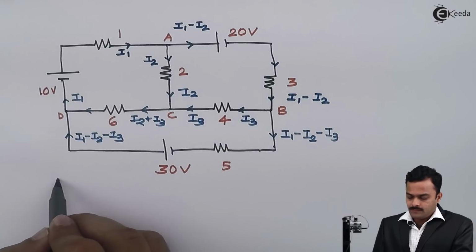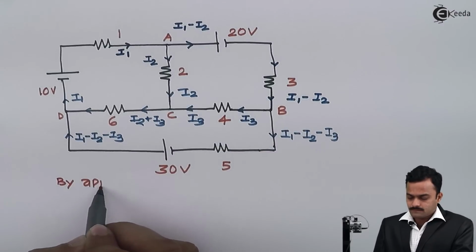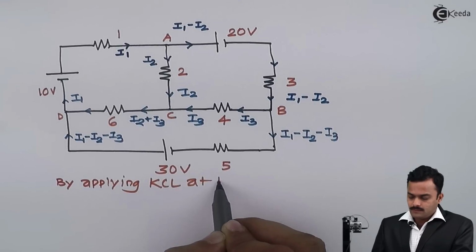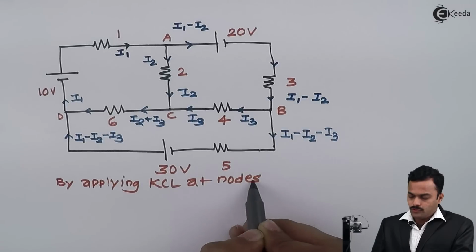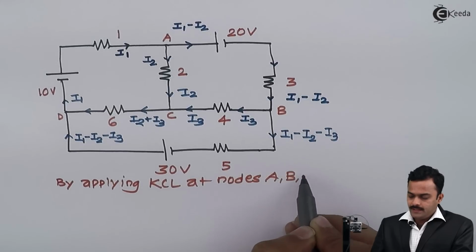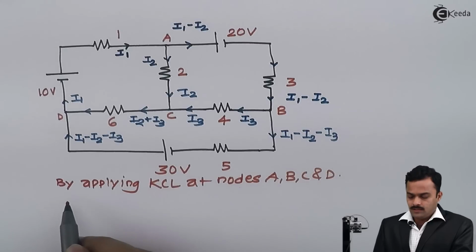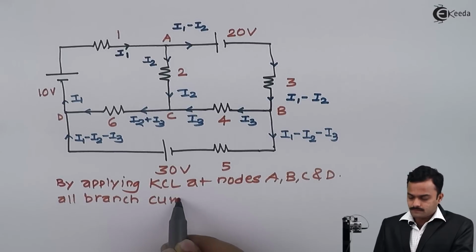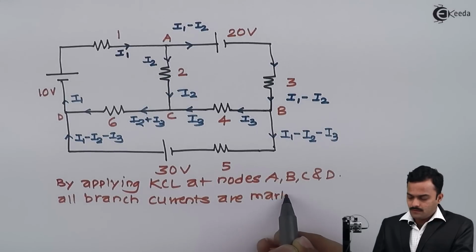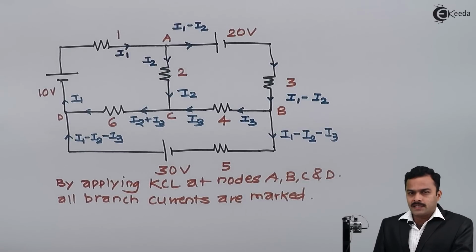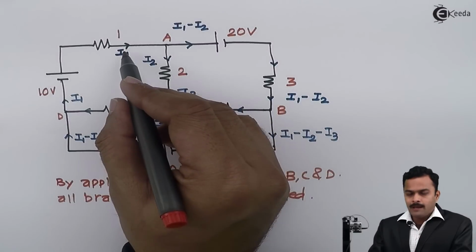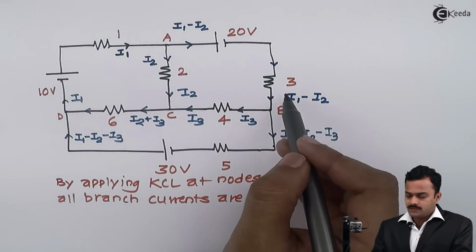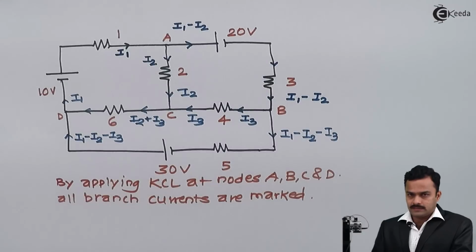So I'll write here by applying KCL at nodes A, B, C and D, all branch currents are marked, which will be our objective, meaning I may ask the question, find out the current flowing through the 1 ohm, 2 ohm, 3, 4, 5 or 6.